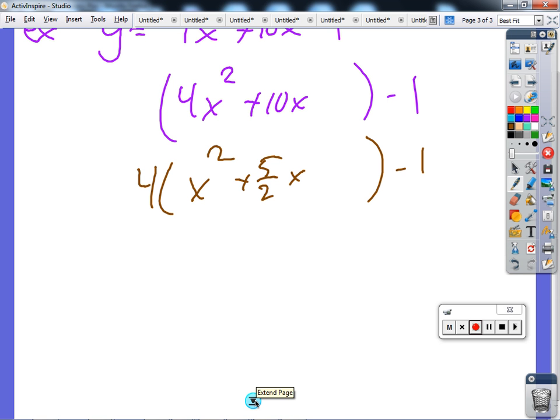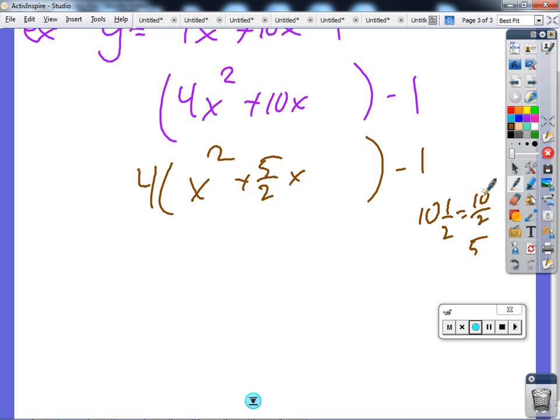Stuart, do you know what's half of 5 halves? I took 10 and I wanted half of it, I times by half, which is 10 halves, which is 5, right?